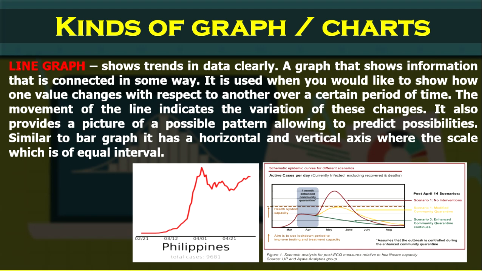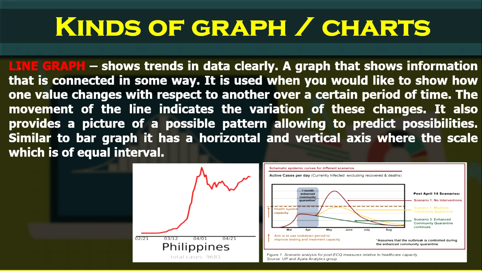As you can see, we can also identify the possible number of cases of COVID-19 from March up until August. You can identify the peak. As you notice, the prediction of the UP and Ayala Analytics Group, the possible highest number of positive COVID-19 cases during that time is during May.